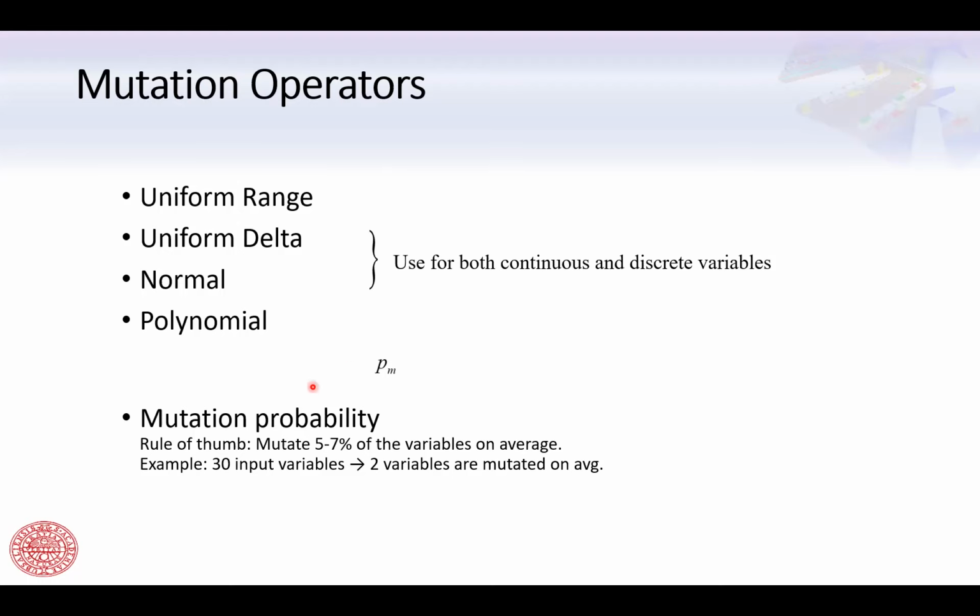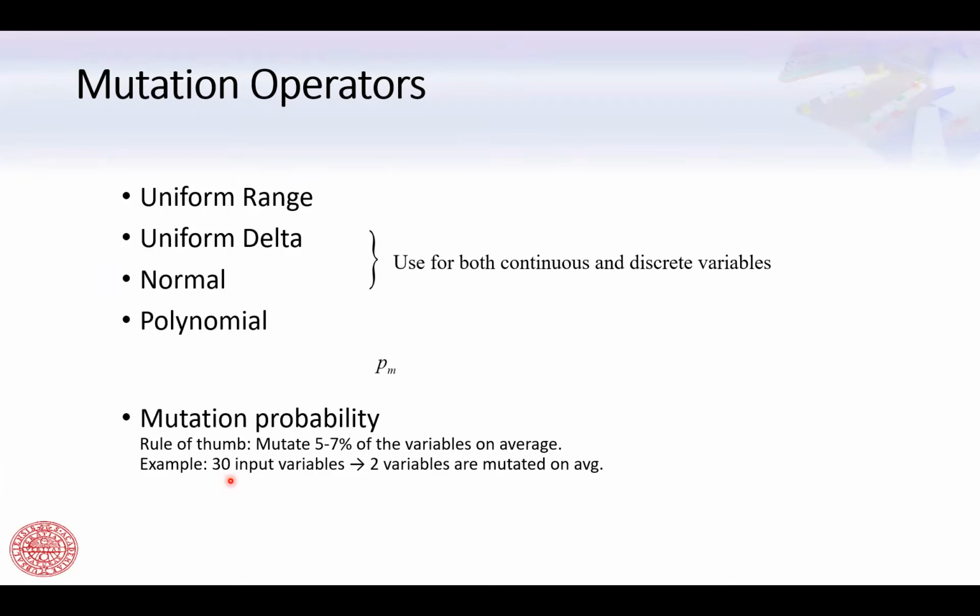We talk about 5 to 7% mutation on the variables on average, based on a rule of thumb. And this will be the example here. Again, let's say we have a uniform range or uniform delta, we use a uniform distribution across 30 input variables, and they are discrete variables, for example.